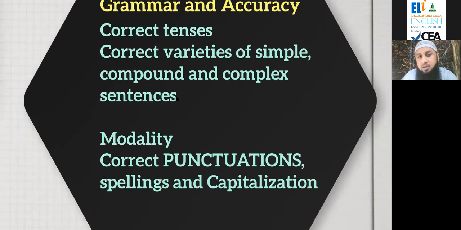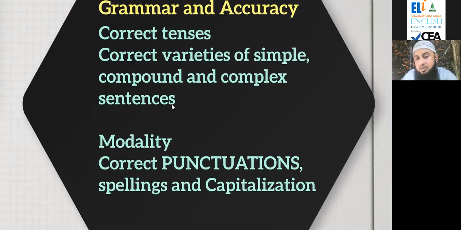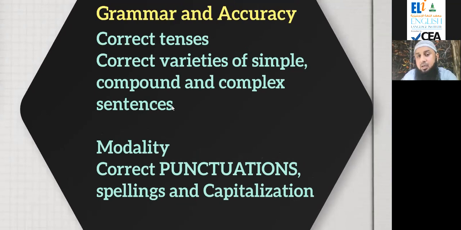So you get 7, 6, 8 bands, depending on your level of writing skills and variation in sentences, the types of words and the uncommon words, academic vocabulary. This is what they look for.